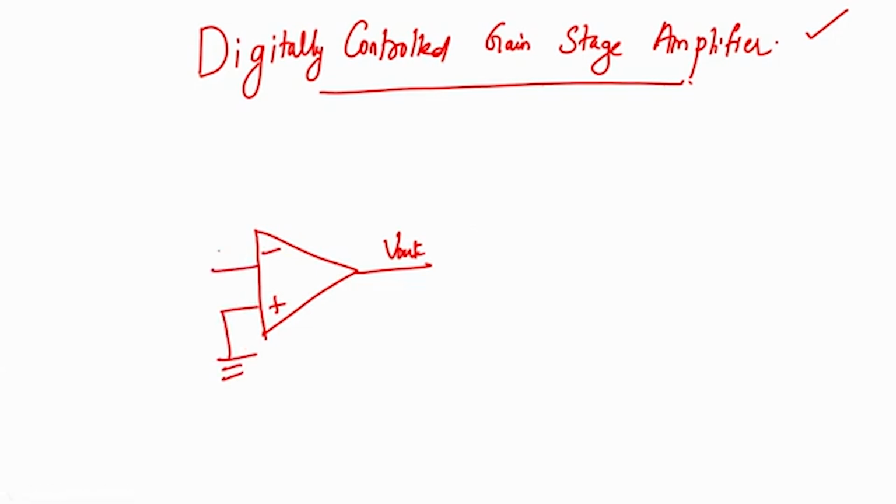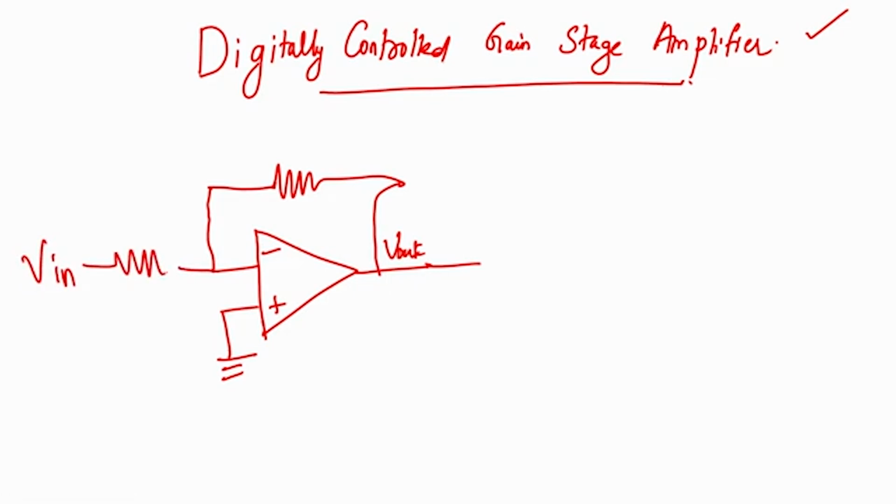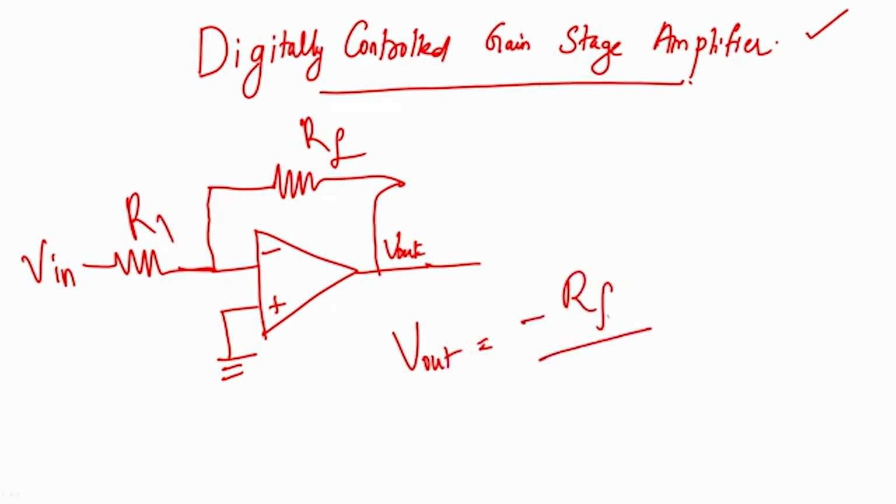You should always make sure that for amplifiers you should have negative feedback. And then we have V in coming here, and you have the feedback resistor RF, you have R1, and your output is what? V out is equal to minus RF by R1. So this is your inverting amplifier configuration, correct.